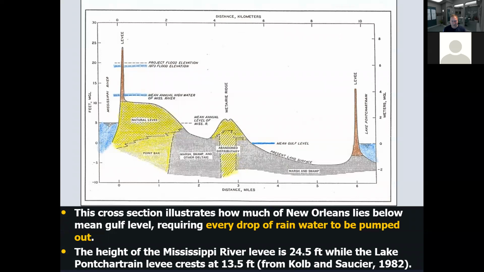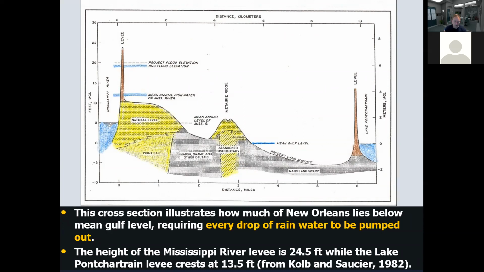Here's a cross section. It's illustrated in a way to at least help us understand. It is important to remember the height of the Mississippi River is higher than the height of Lake Pontchartrain. The reason for that is Lake Pontchartrain sits down at the level of the Gulf of Mexico, because it's really brackish water.